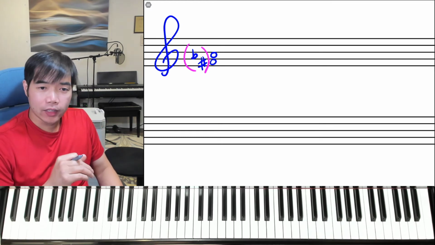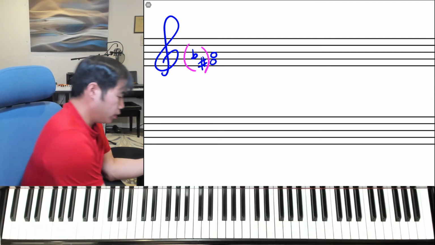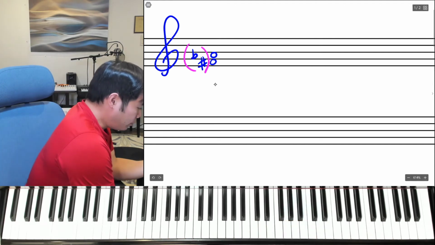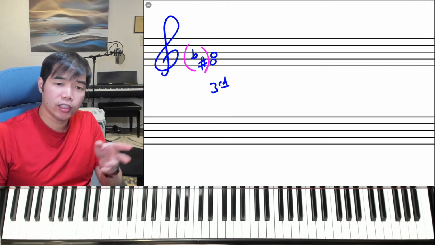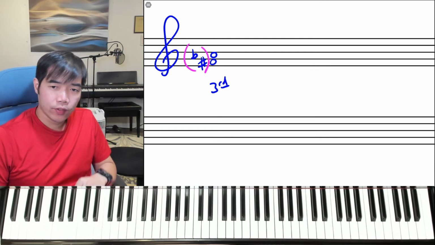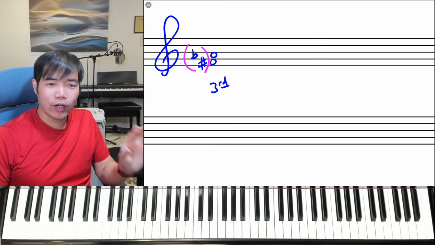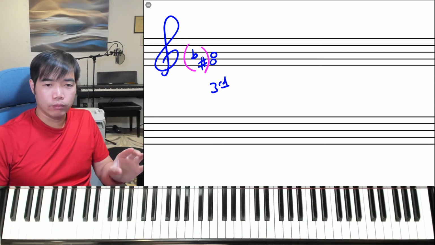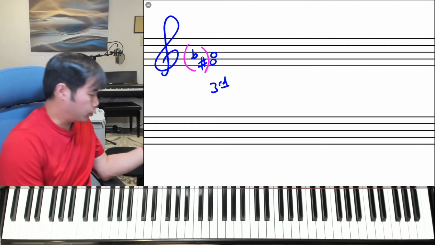F to A is always a third. F, G, A. So this is going to be some type of third. It could be diminished, minor, major, or augmented, which we're going to cover on a separate video. For this video, we just want to understand the numeric value of an interval, what you call an interval number. Doesn't matter what terminology you use.